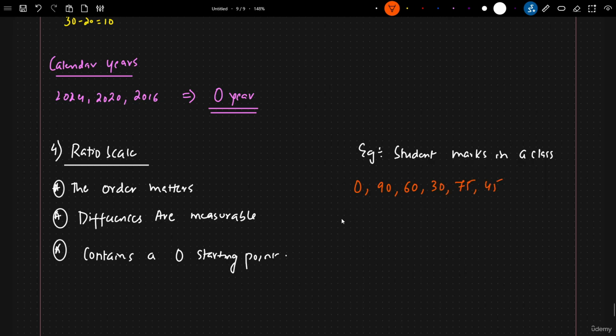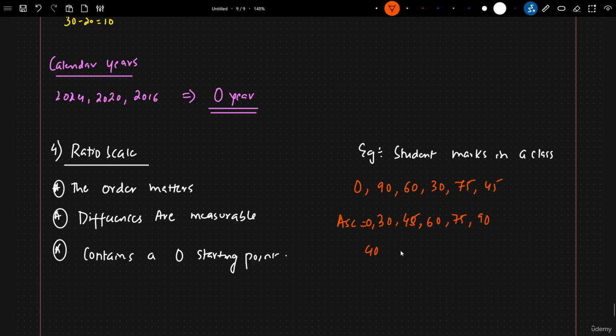If I see it in ascending order, let's say 30, 45, then I have 60, then 75, then 90, and before this I have 0. So here you can see it starts with 0. Marks can be 0.